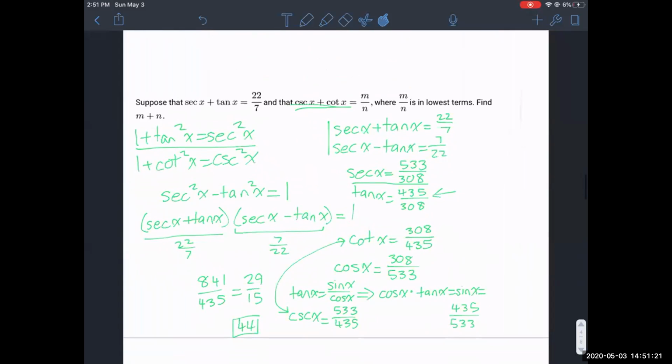I'll keep the screen on this and I'll grab a different option. Okay, yeah, got a better one.